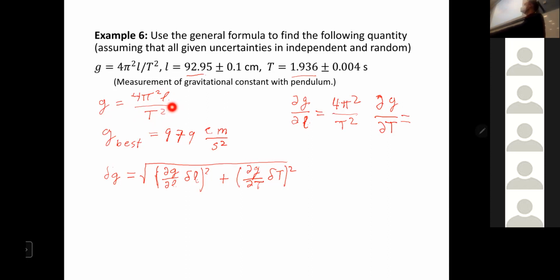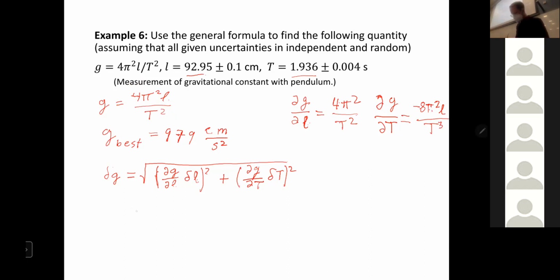So to get the derivative, we're going to get a factor of -2, which is going to give us -2 times 4 is -8 pi squared times L. And then we're going to get T to the -3, so T to the third in the denominator. Okay, is that clear to everyone? How we get these derivatives?